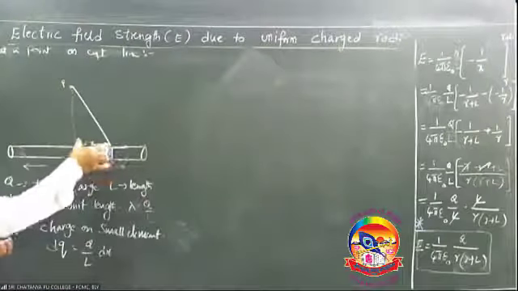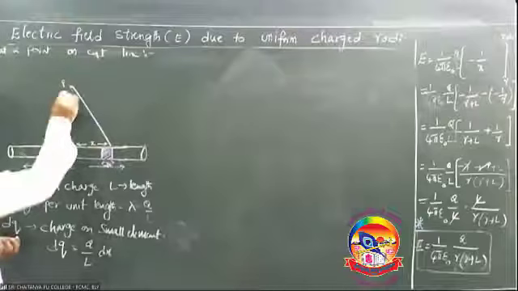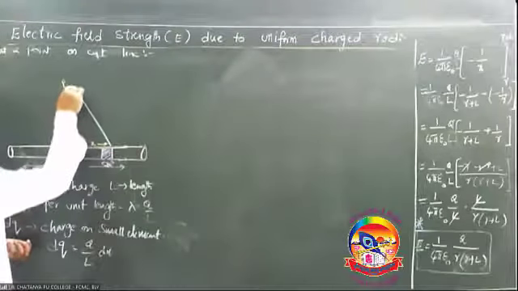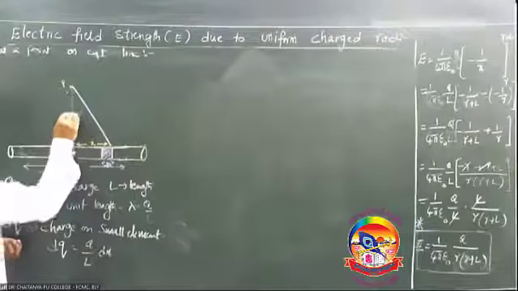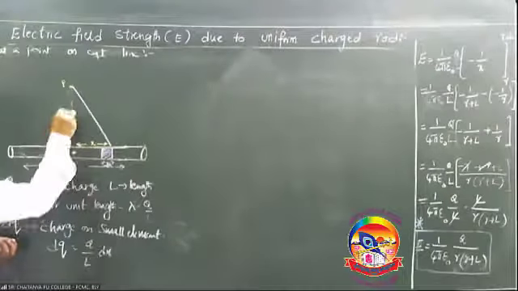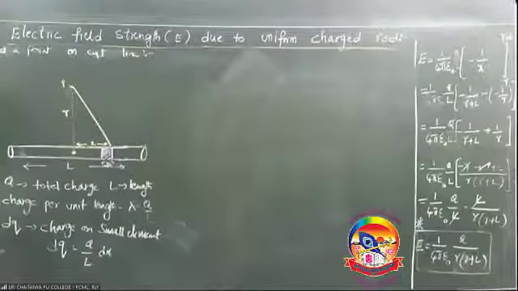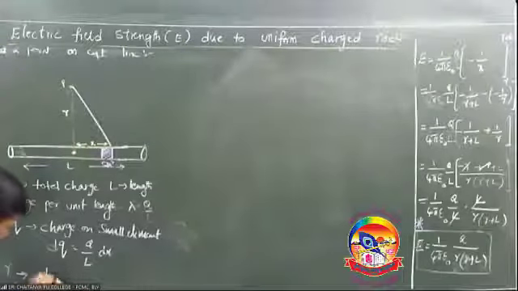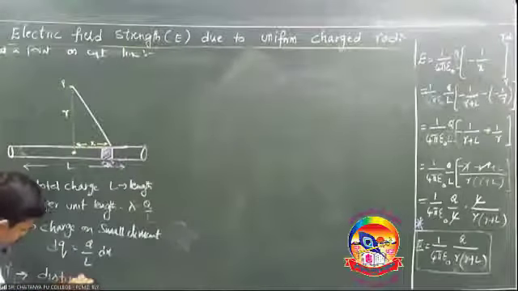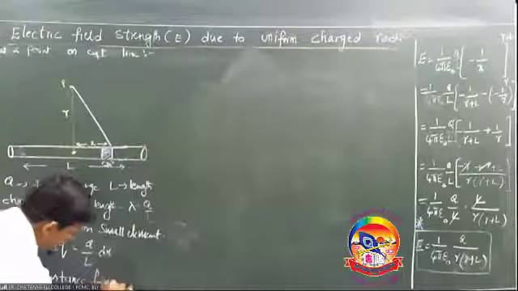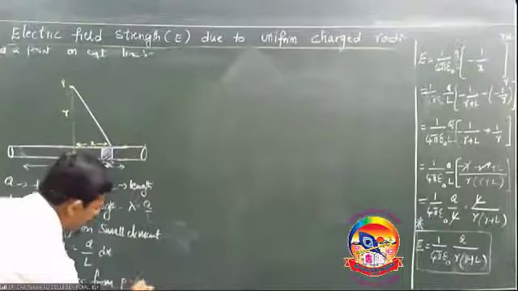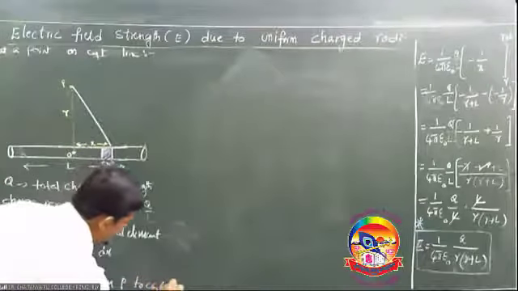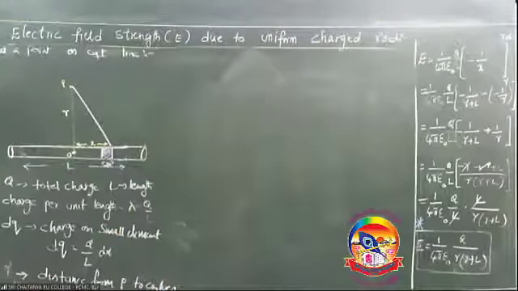This elemental length is dx, this distance is x, and the distance from the point to the center is r. R is the distance from P to the center O. That is what we know.